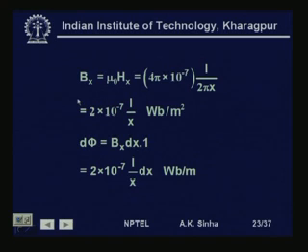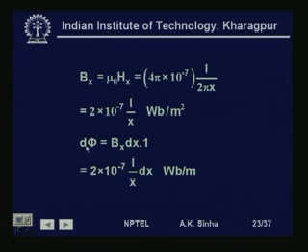Again we can find out the flux density at that point. This will be equal to mu 0 Hx, which is equal to 4 pi into 10 to the power minus 7 into I by twice pi x. This will be equal to 2 into 10 to the power minus 7 I by x Webers per meter square.